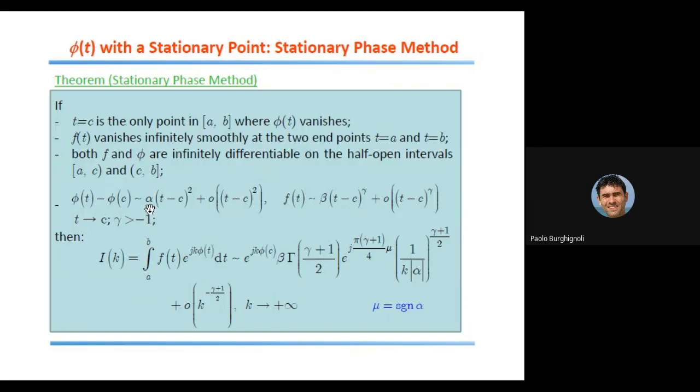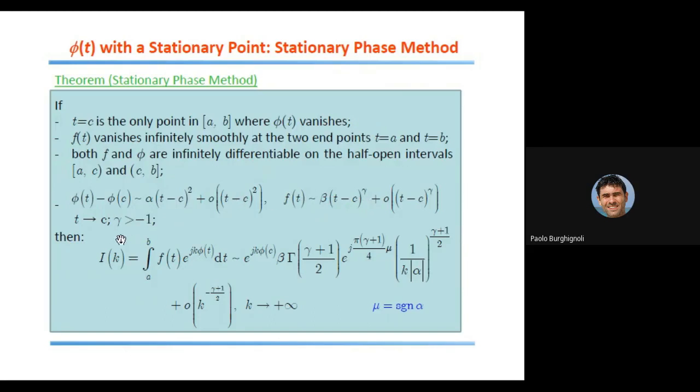They are alpha here and beta there. And in particular, in the function phi here, you have the second order term of the Taylor expansion, whereas in the function f, you may have a general exponent gamma, as in Watson's lemma.